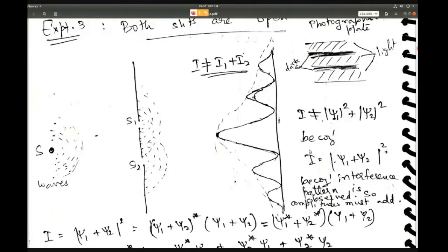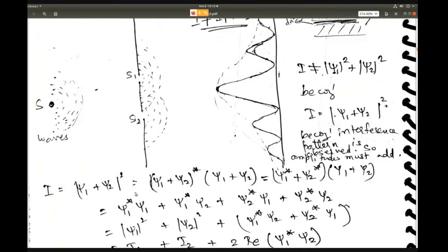This is your intensity. Because an interference pattern is observed, it means that you need to add the wave functions and then take the square. That becomes your intensity, instead of first taking the square of the wave function and then adding them. So this is not correct, but this is correct.